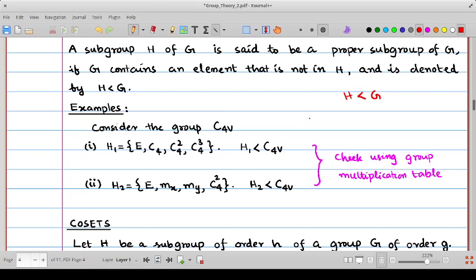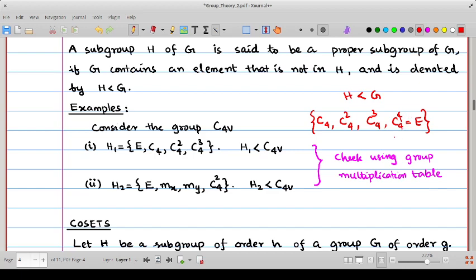We can see that the fourfold rotations given by C4, which is rotation by 2 pi by 4, then C4 square, rotation by pi, and C4 cube, which is rotation by 3 pi by 2, and C4 to the power 4, which is the identity element, form a group under the group composition law. And this is in fact a cyclic group. Since it is cyclic, it is abelian as well.